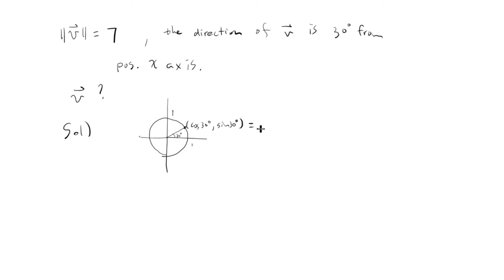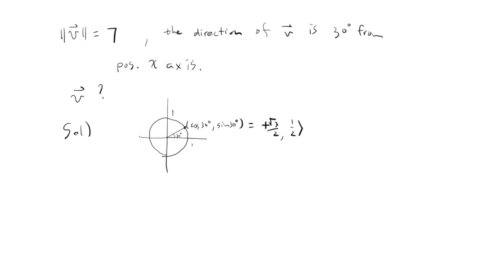So in that case, that's the same thing as radical 3 over 2, comma 1 over 2. Those are the cosine 30 and sine 30 values.